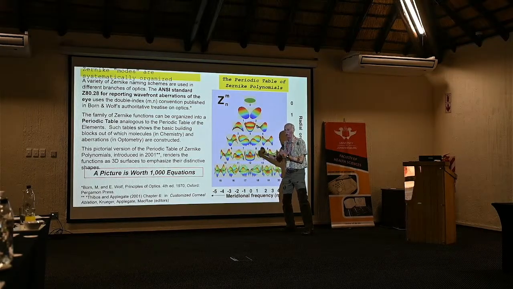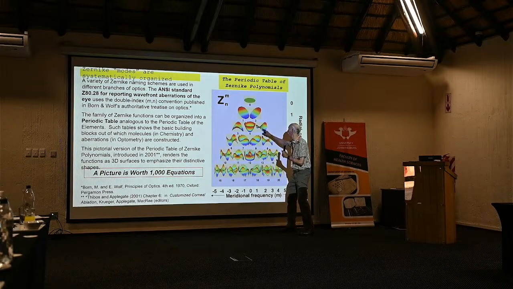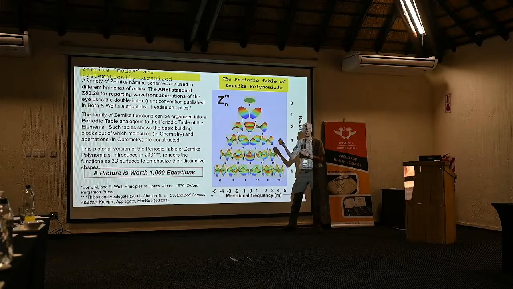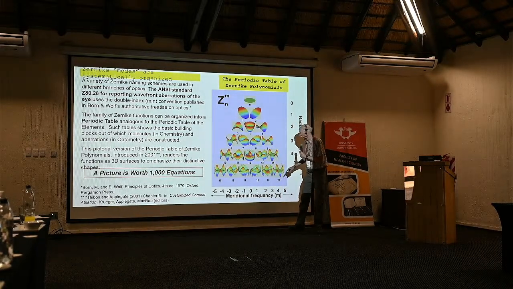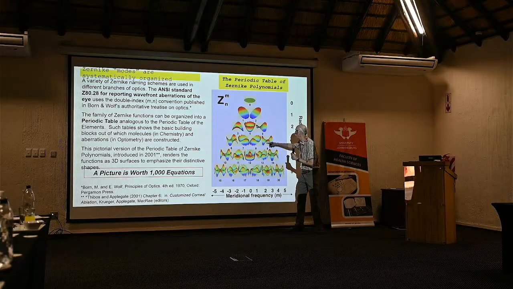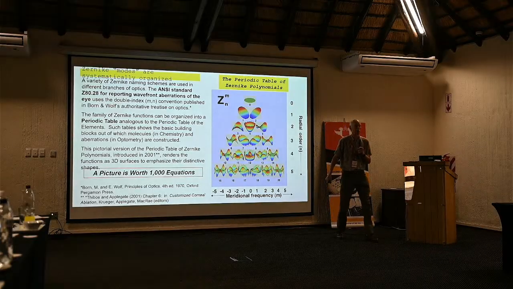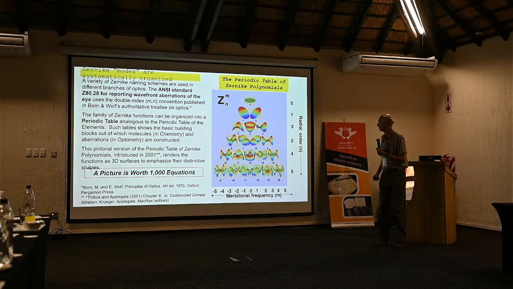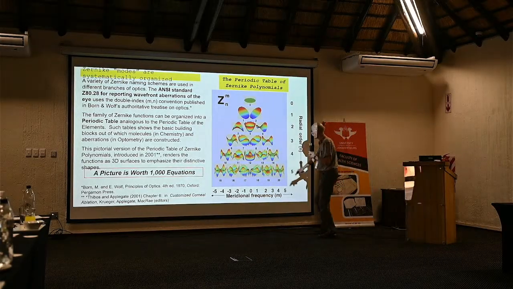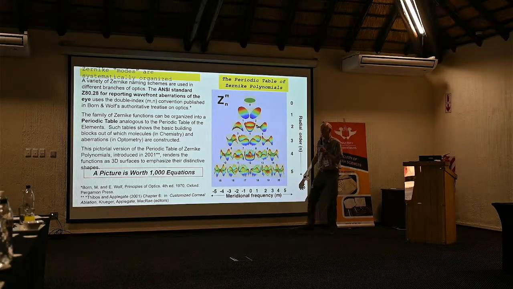It doesn't cycle at all as you go around the pupil. First harmonic, that's this one. It will cycle once as you go around the circle. Second harmonic, that's our lovely Jackson cross-cylinder formula here. It cycles twice and so on. So that's the meridional frequency. So it's just like Fourier analysis.